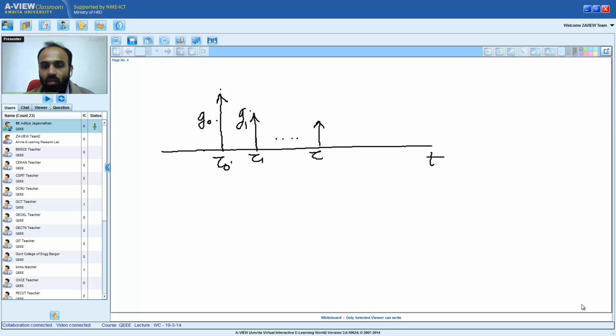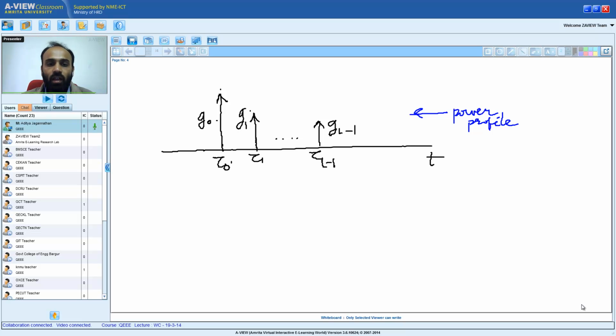At tau L minus 1, I have power of G L minus 1. So that is basically my power profile. This is a power profile of the wireless channel.